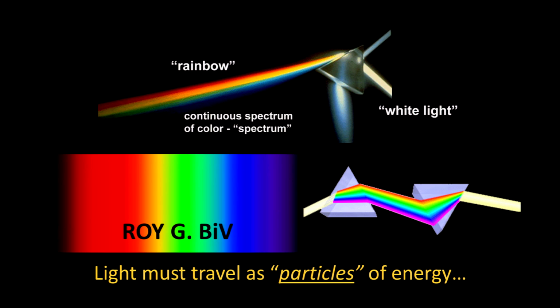And so when you put all of these light particles of different colors together, you get white. But when you pass the white through the prism, it has the ability to sort out the individual colors. Therefore, this demonstrates that light is behaving as if it's traveling as a particle of energy. And it turns out that this is a correct interpretation.